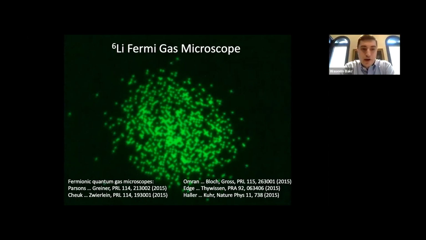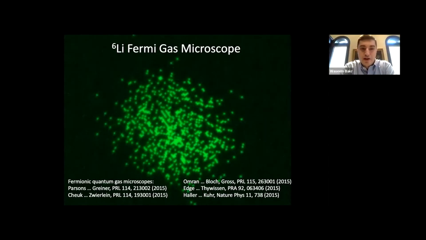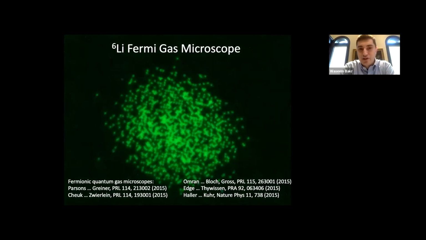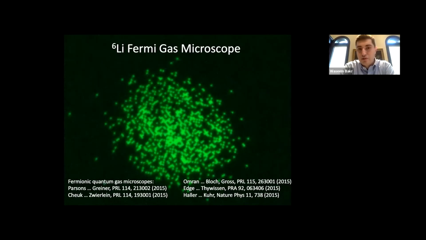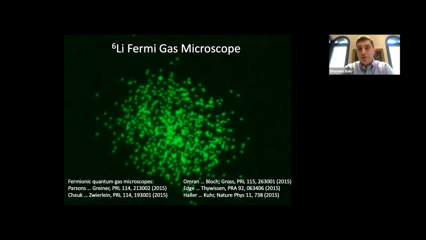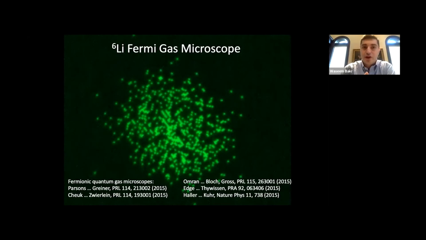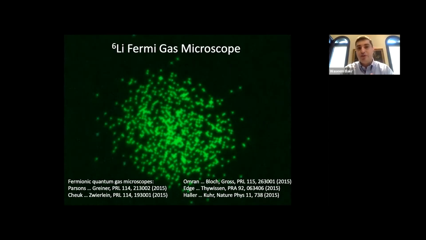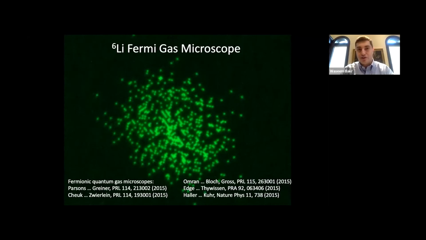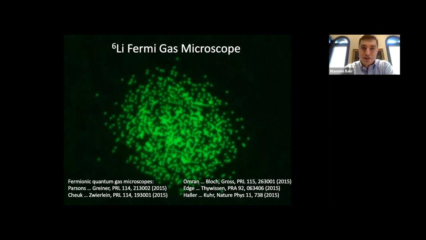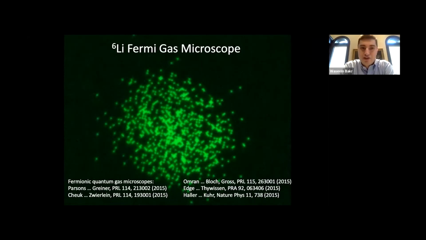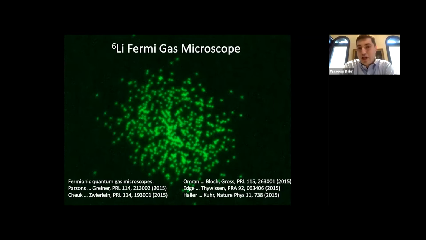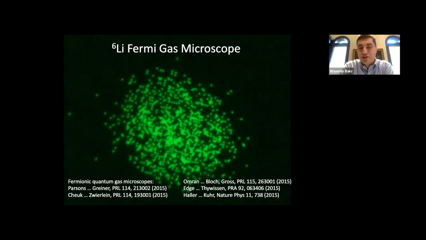Technically, you apply a magnetic field gradient. So you have a Stern-Gerlach, where the different spins have different magnetic moments, and so you split them using a magnetic field gradient, and they end up in different layers of a lattice that's in the third direction. That's the one that's in and out of the plane. And then since they're on different sites, there's just one atom per site, and you just have the light-assisted collisions.